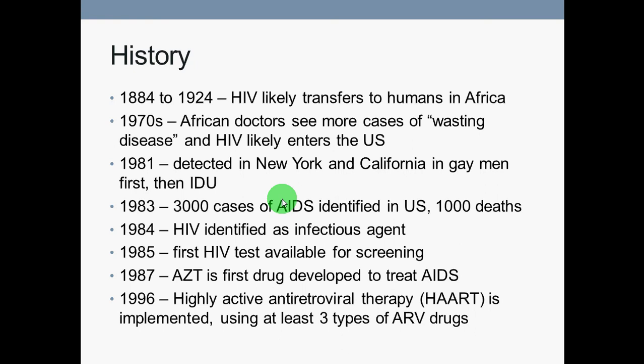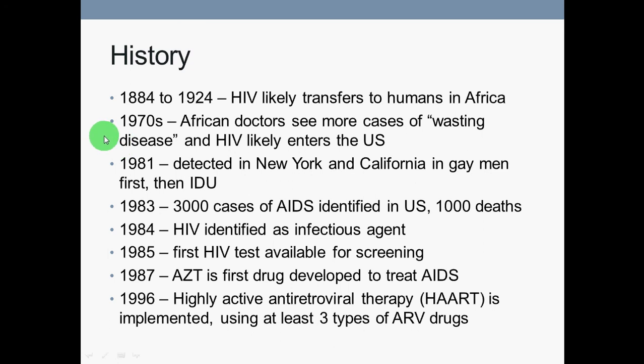But again, it could have been a mutation in SIV that allowed the virus to start taking hold in the human population. We think, based on genetic data, that this transfer likely happened anywhere between 1884 and 1924. The 1970s is when we really started to see evidence of HIV in the human population.